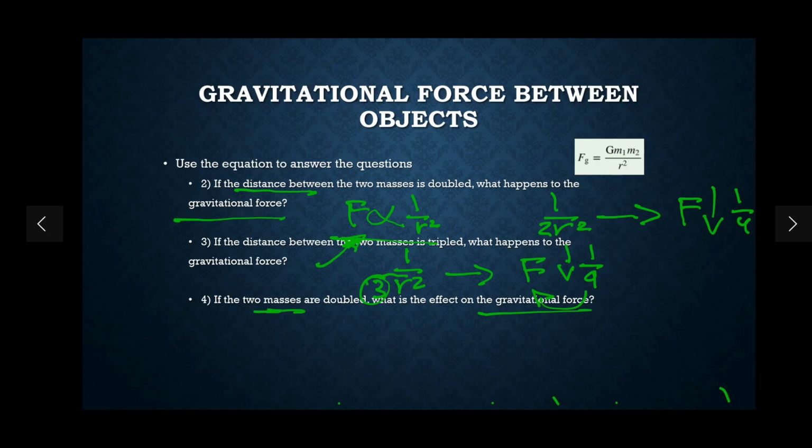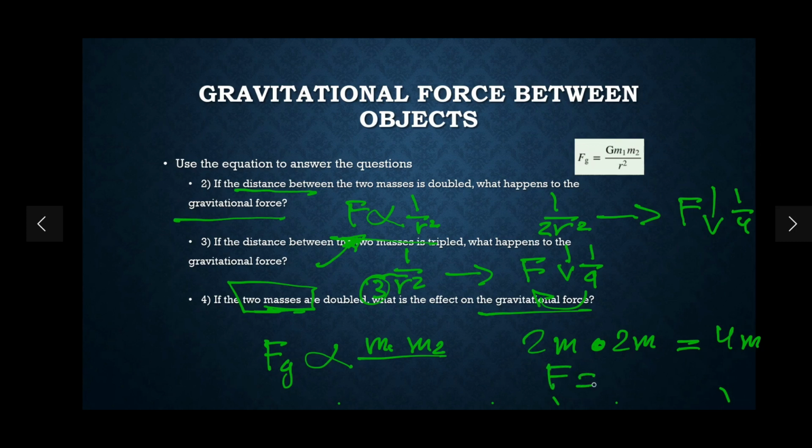We have the relationship that Fg is directly proportional to m1 m2. So if the two masses are doubled, 2m times 2m, or we could say 4m, then F increases by 4, or it becomes 4 times its original value.